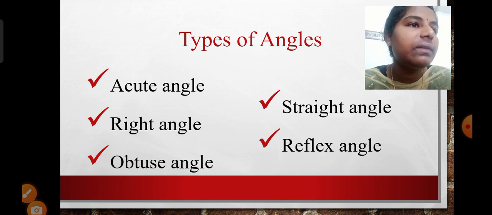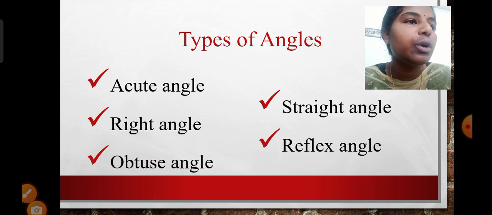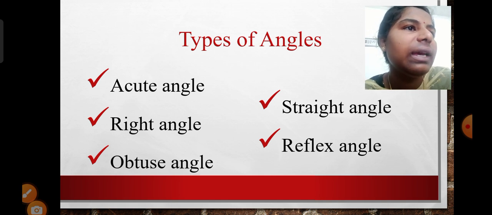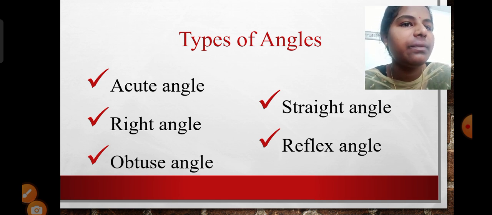We start from a point and rotate, and it should stop at the starting point. So one full rotation is a complete angle. So here we can see the five types of angles.